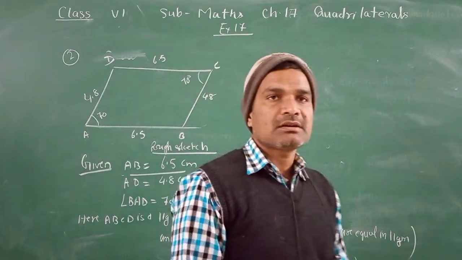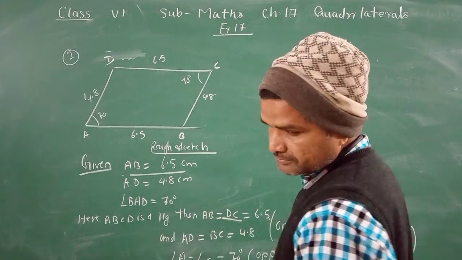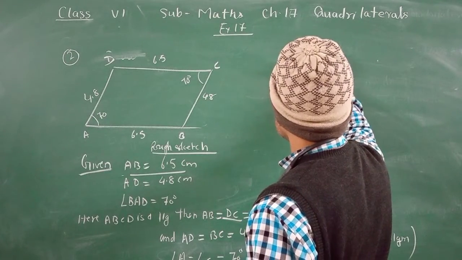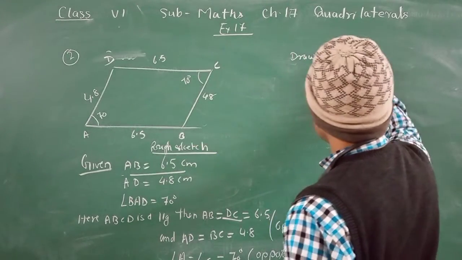Now we draw the parallelogram. First we draw AB, 6.5 centimeter.